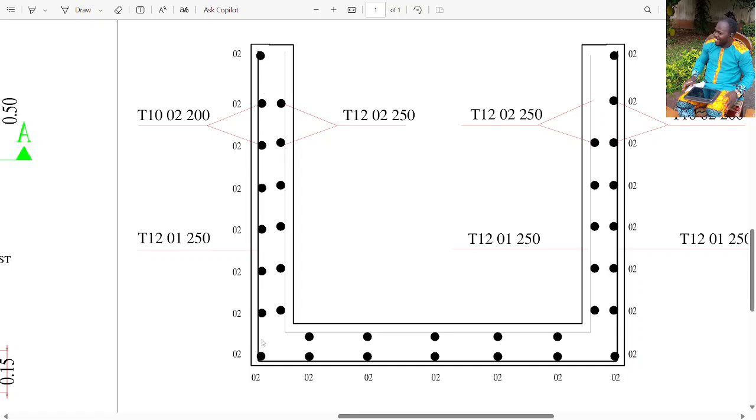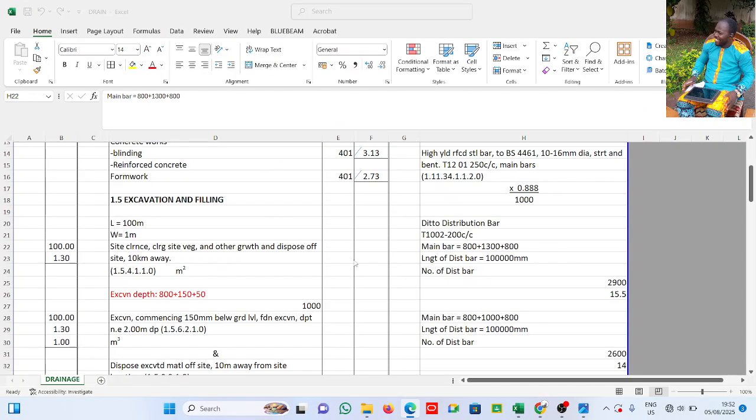It is 800 plus 150. I'm doing the reinforcement, I've already removed cover. So it is 800 plus 150, which is 950.